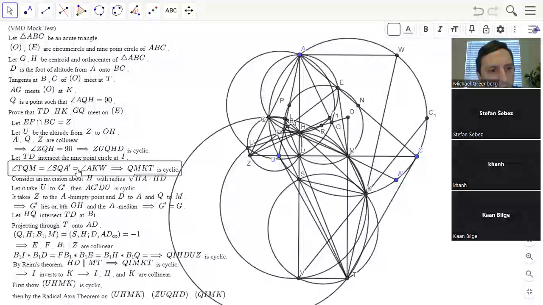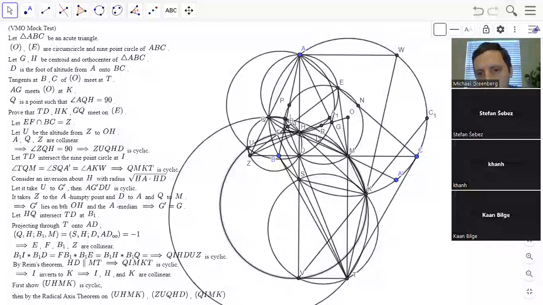Yeah, I remember you mentioning it. But it looks like just an angle chase, because we just need to show that this equals that. So we would need to show U lies on this circle.